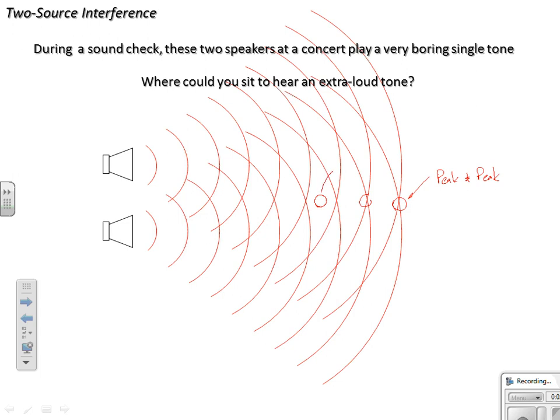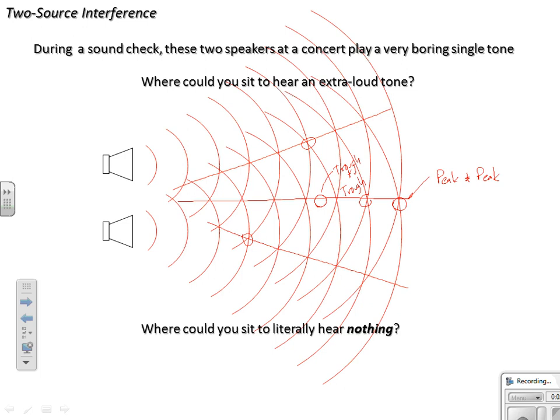Here we have trough and trough, which makes a bigger trough, which is a louder sound. You could also sit here, or here. You could sit really anywhere along this line, anywhere along this line, anywhere along this line, and there are lots of other places also. So anywhere where we would get constructive interference, you hear a louder sound.